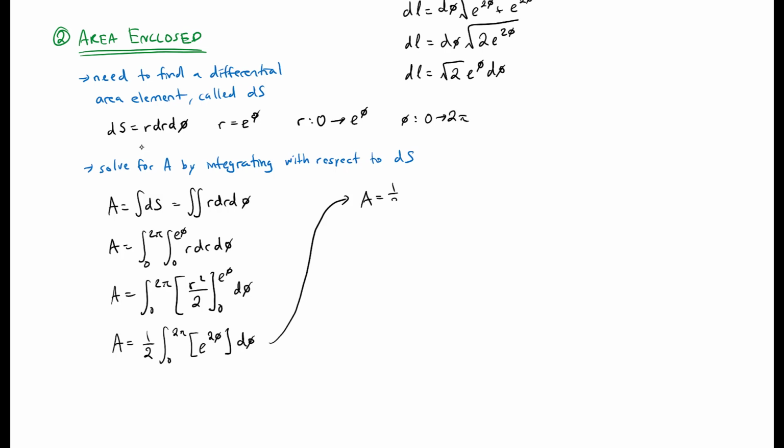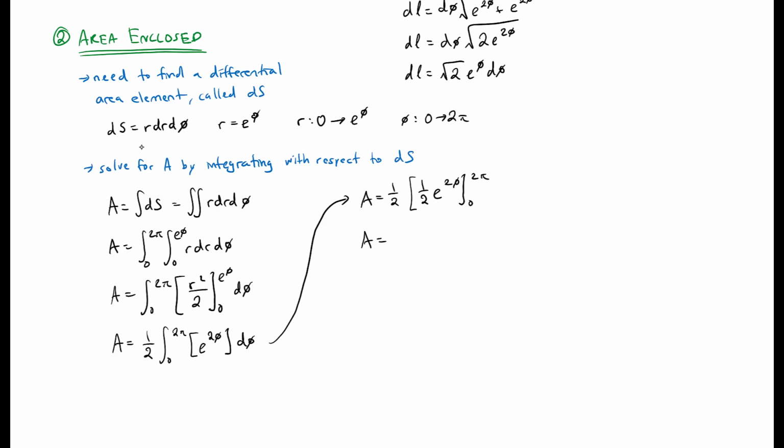A is equal to 1 over 2, and I have the integral of e to the 2 phi. If I derive e to the 2 phi, I actually get 2e to the 2 phi, so I have to divide by 2 to get rid of that extra 2. And this is from 0 to 2 pi.